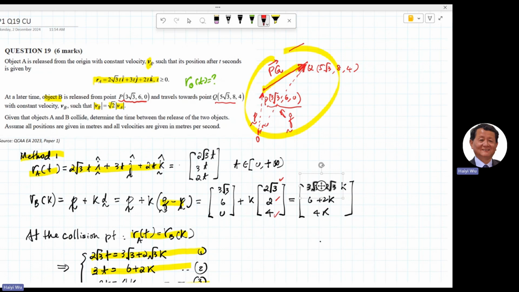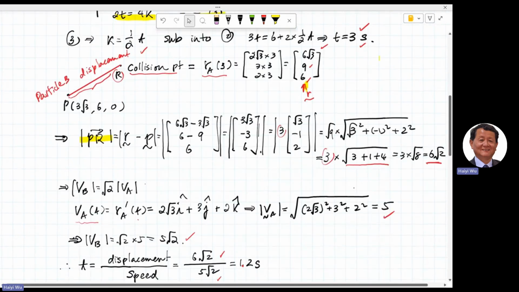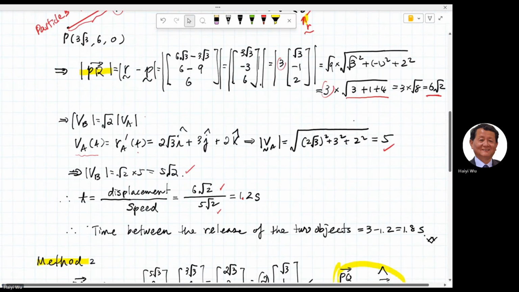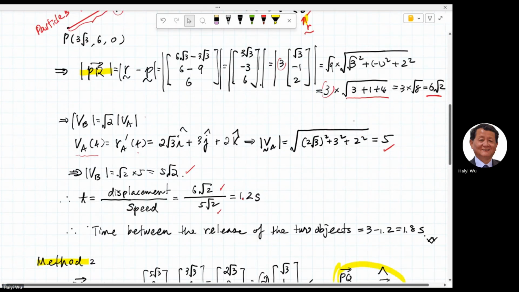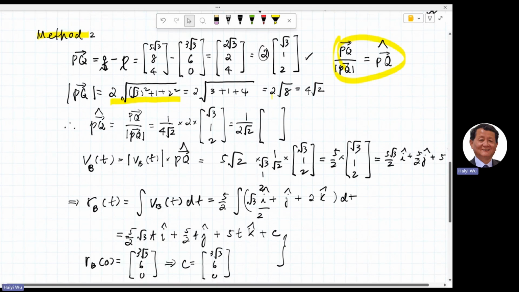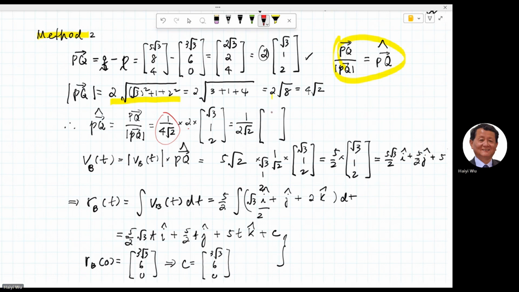So the direction is the unit vector: 1 over the magnitude, times 2 times that. The 2 cancels, leaving square root 3, 1, and 2.